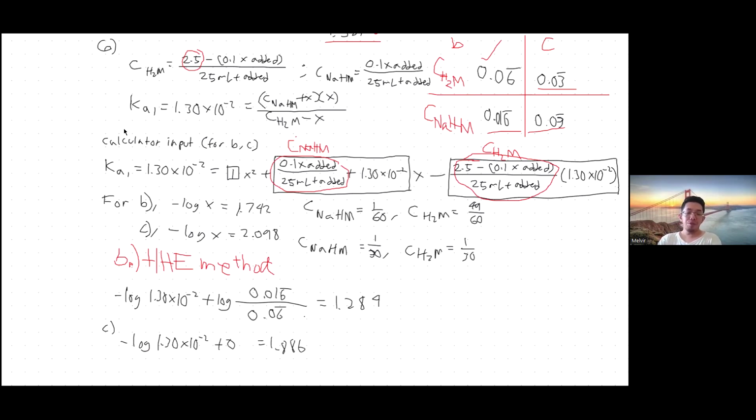Okay, I have a question. Why is Henderson-Hasselbalch equation not working for the previous items B and C? Considering na buffer sila, bakit kaya?